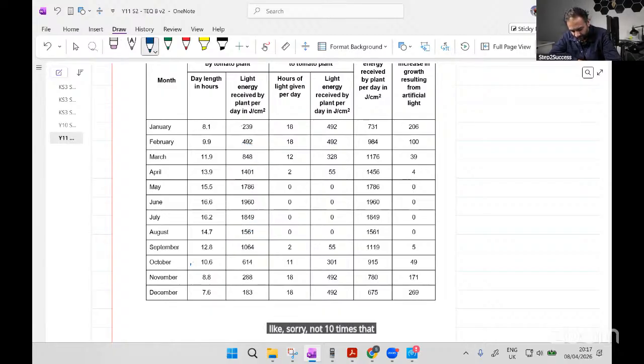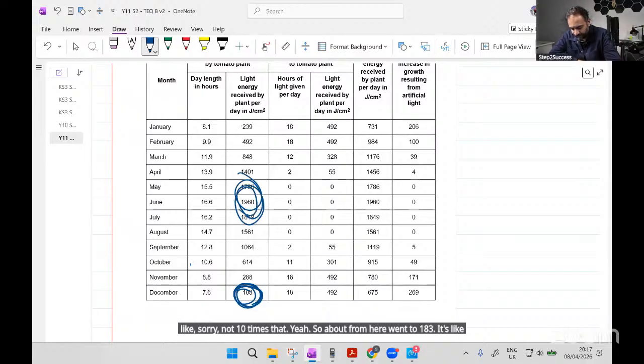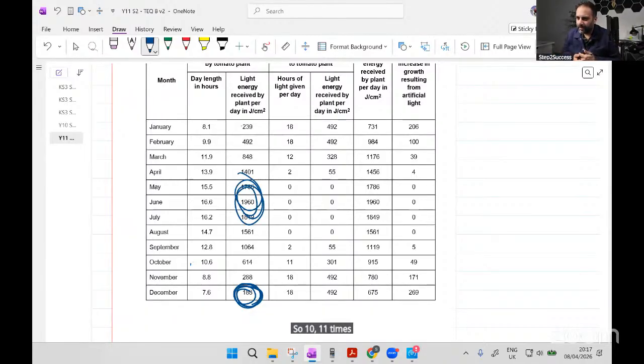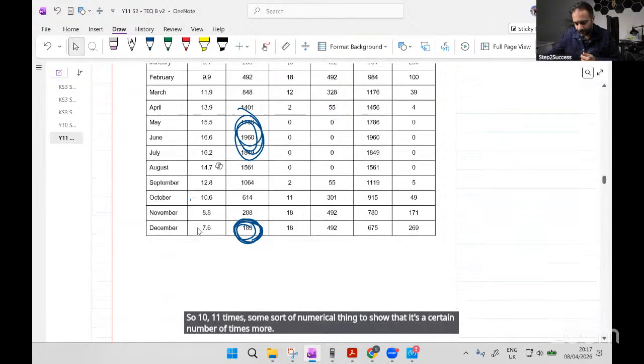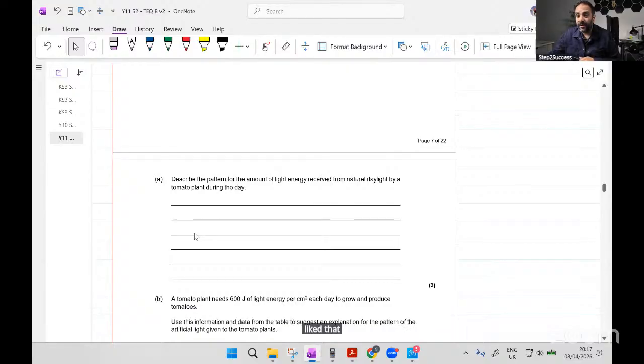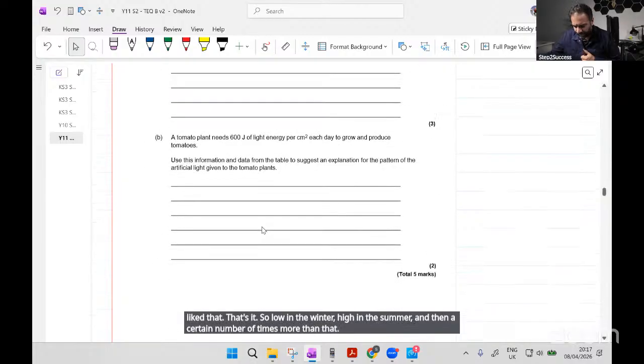From here, winter 183, it's about 10 times that. So 10, 11 times. That's some sort of numerical thing to show that it's a certain number of times more light there. So low in the winter, high in the summer, and then a certain number of times more than that.